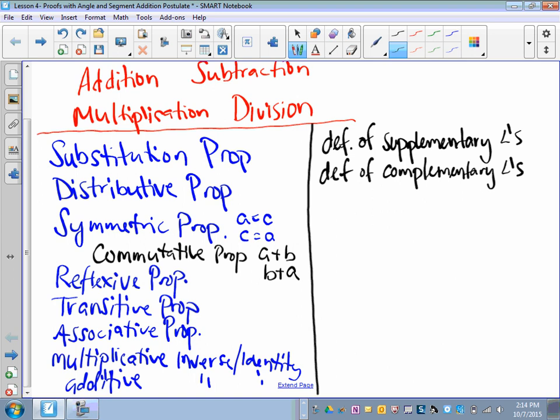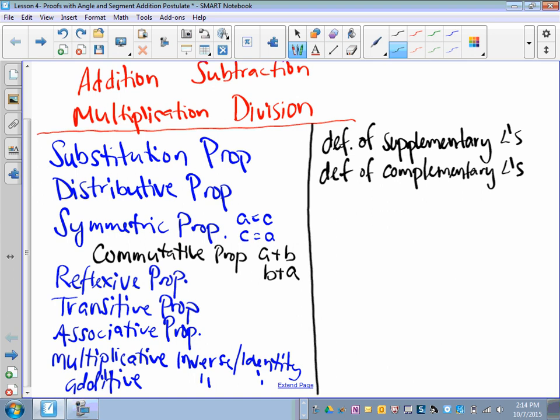Recall that a postulate is a statement that cannot be proven. It's a statement that we accept to be true because we have to have a starting point. And so we'll use postulates to prove theorems. And later on, as we learn larger theorems that build upon previous theorems, we'll use theorems to prove even bigger theorems.